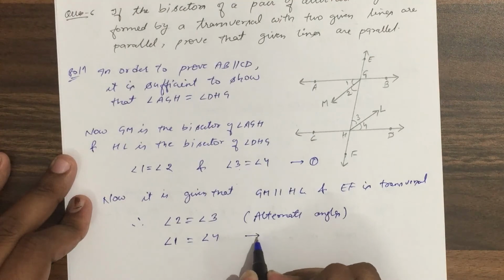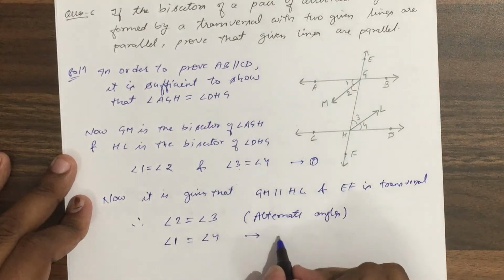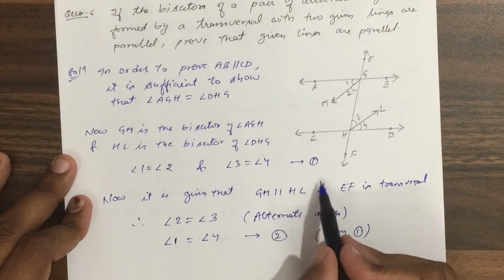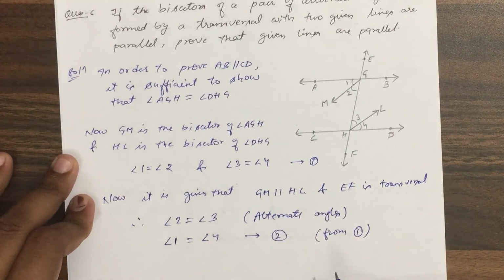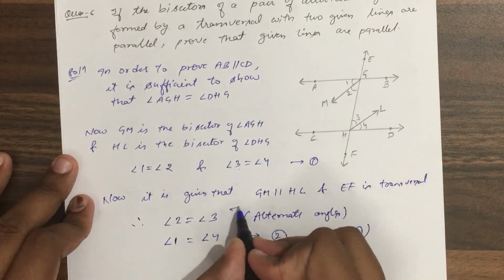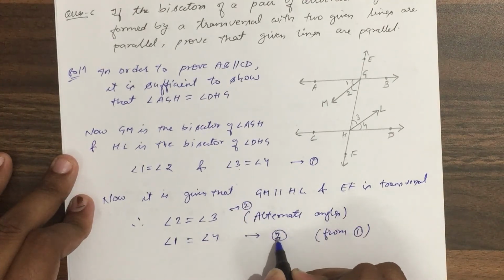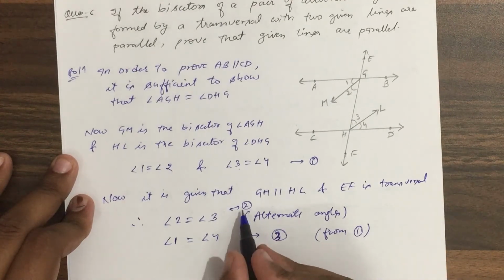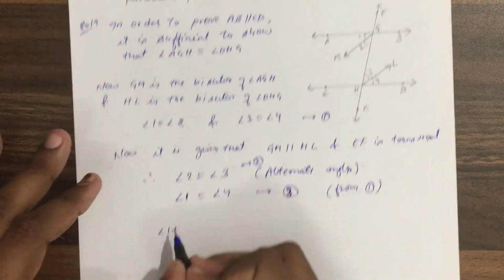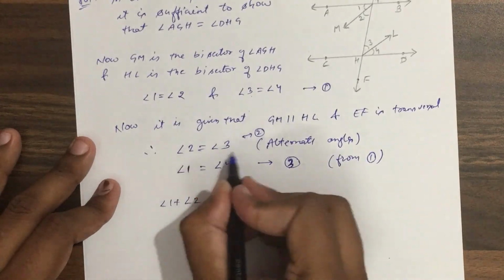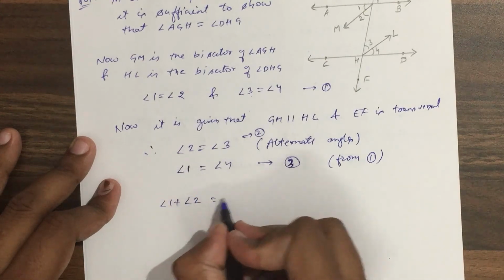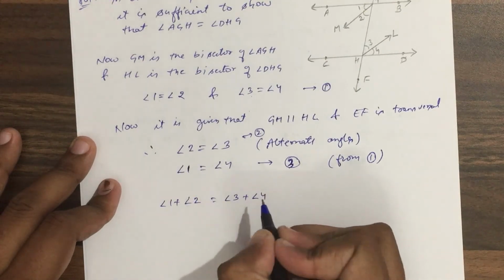Mark it as equation 2 and equation 3. Now you just add these equations, LHS with LHS and RHS with RHS. So angle 1 plus angle 2 equals angle 3 plus angle 4.